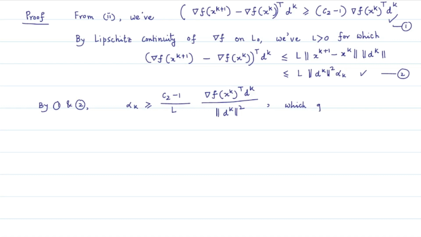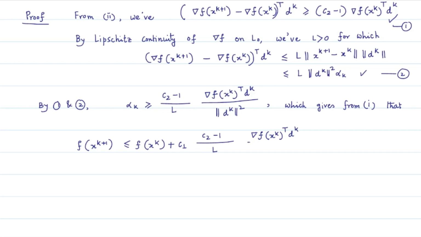we get from the Wolfe-Powell condition 1, the Armijo rule, that f at xk plus 1 is less than or equal to f at xk plus c1 times c2 minus 1 divided by L times grad f xk transpose dk divided by norm of dk square.